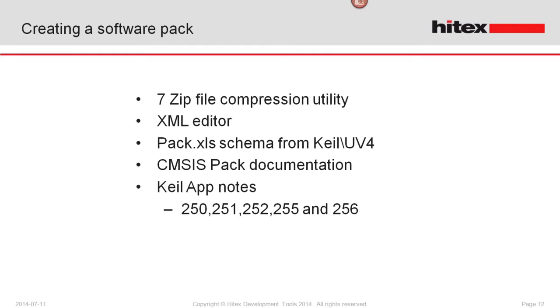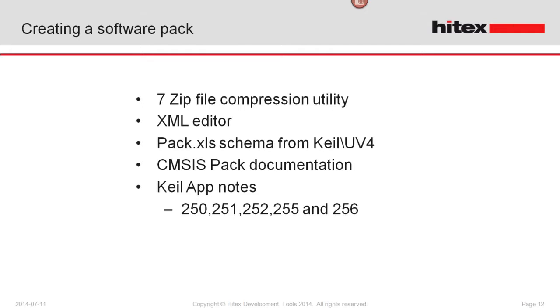Now, to bundle up our software into a pack so that we can easily distribute it, we can create these with a number of simple low-cost or free utilities. As I mentioned, the pack is really a zip compressed file, and here we can use 7-zip, which is an open source free to use compression utility.